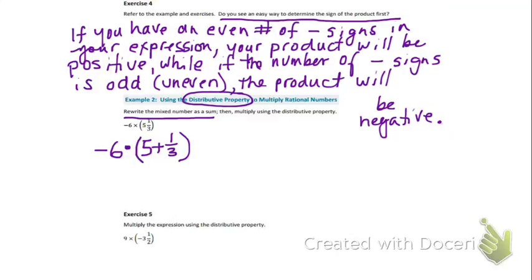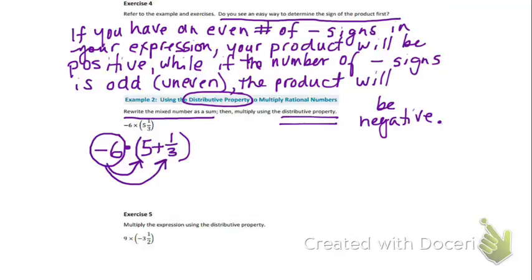All right, then multiply using the distributive property. What the distributive property says is that whatever this number is outside of the parentheses, you can very easily multiply by multiplying the 6 times the first term and then the 6 times the second term and summing them up.